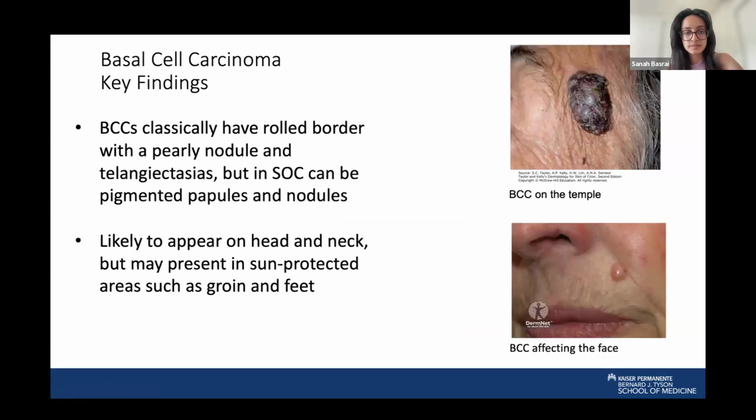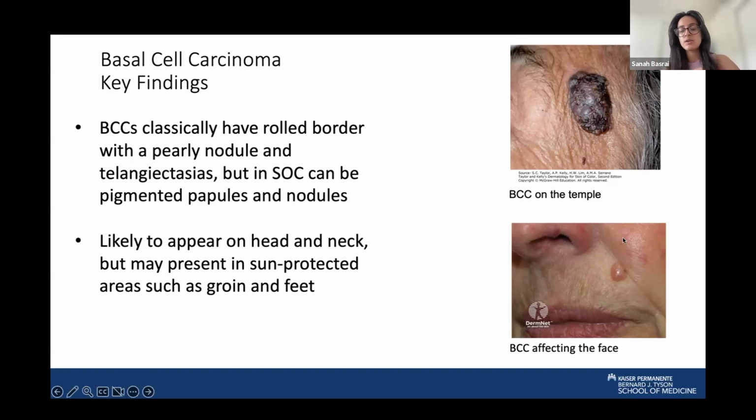Next slide, please. And then basal cell carcinoma, we're traditionally told that BCCs present with a rolled border with a pearly nodule and surrounding telangiectasias. And so that is what we see in light skin. And that's what we see in the bottom right picture, a very classic presentation of BCC. And when we see BCCs on skin of color, it presents so differently.